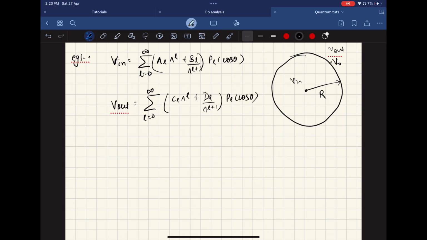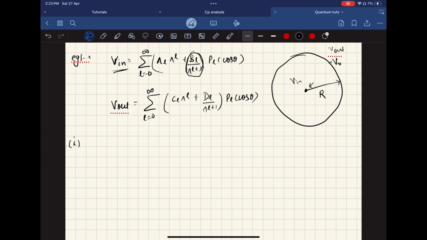Now apply boundary conditions. First boundary condition: V should be finite. At r tends to 0, V should be finite, but in V inside this B_L term goes to infinity. So to keep V finite, we have to make B_L equal to 0. This simplifies V inside: V in becomes the summation of A_L r to the power L times P_L(cos theta). Similarly, for r tends to infinity, the C_L term goes to infinity.